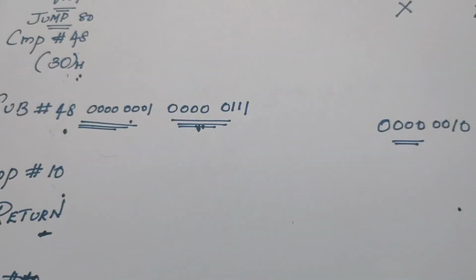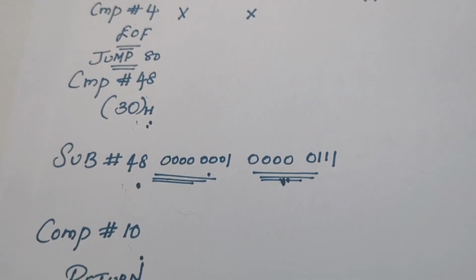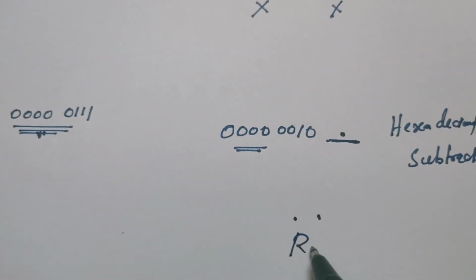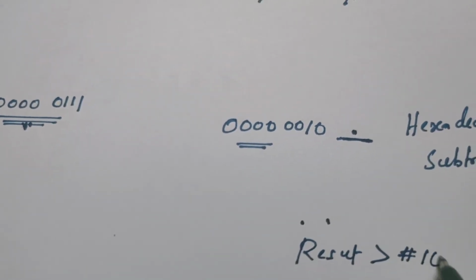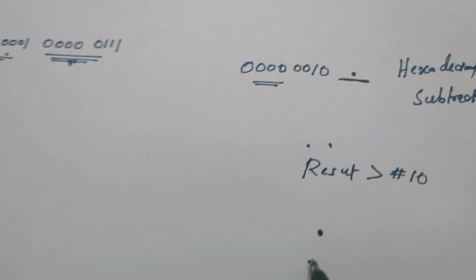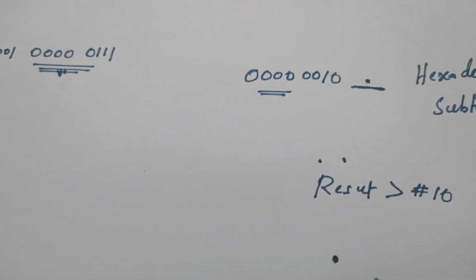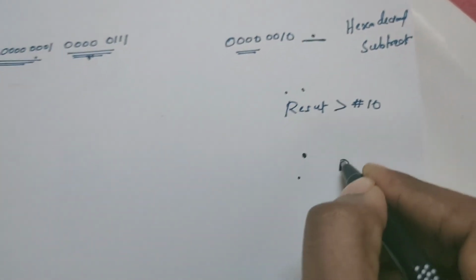Then only you are able to extract the other hexadecimal digits like A, B, C, D, E, F. So now the result is greater than #10, so further we are going for the subtraction of 7. When you perform the subtraction of 7, you will in fact obtain the value D.